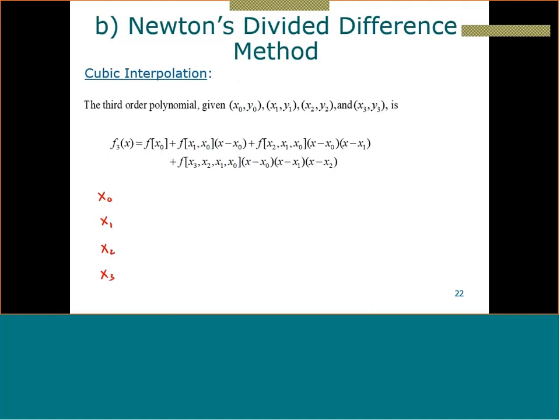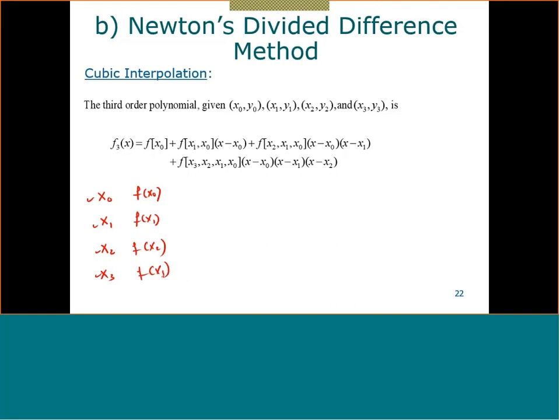Then you write in front of these f of x of 0, f of x of 1, f of x of 2, f of x of 3. Now, these functions we can also calculate because we know these numbers. And so I can find f of x of 0, f of x of 1, f of x of 2, and f of x of 3.